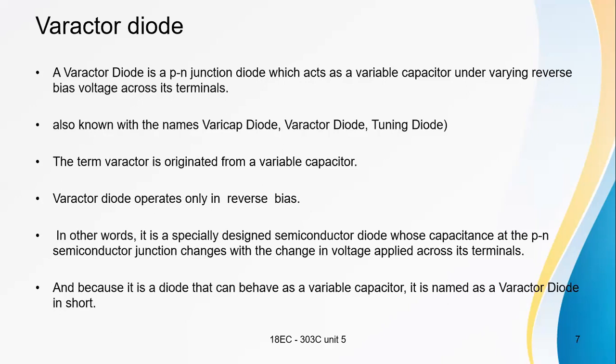This diode acts as a variable capacitor in reverse bias. That means this varactor diode operates in reverse bias. This varactor diode is also called varicap diode, that means variable capacitor. Varicap diode, varactor diode, and tuning diode. Varying the capacitance means this can be used for tuning purposes also.